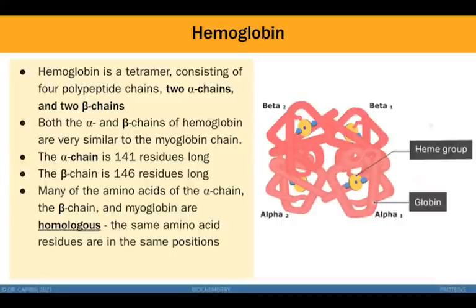Many of the amino acids of the alpha chain, the beta chain, and myoglobin are homologous, which means that they have the same amino acids in the same position. So that is why they are related and homologous.